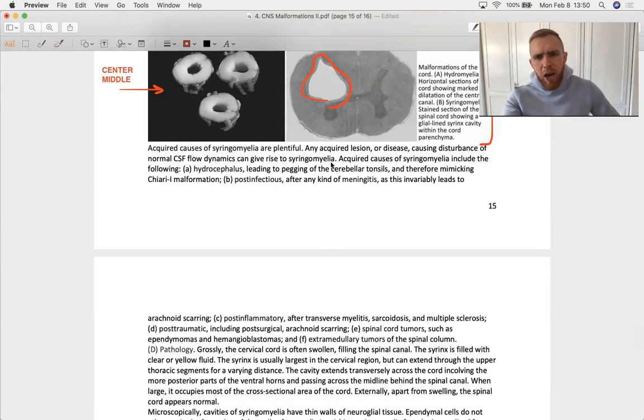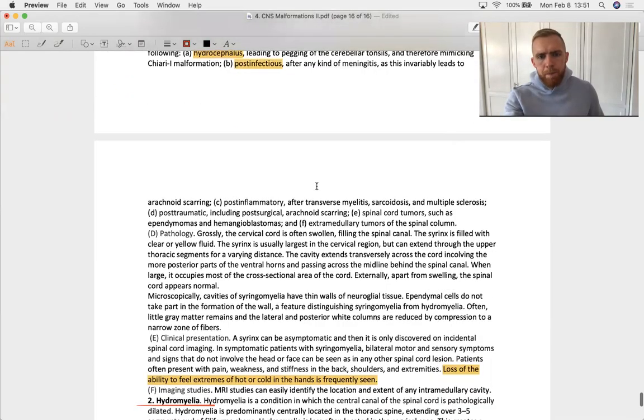Lots of acquired causes of Syringomyelia. Hydrocephalus could create one. Again, just that intracranial pressure is going to be forcing the brainstem downwards, and that could again cause this cystic space to develop within the spinal cord. Could be due to infection, anything that gets into the spinal cord. Could be an autoimmune type of process, such as MS, right?